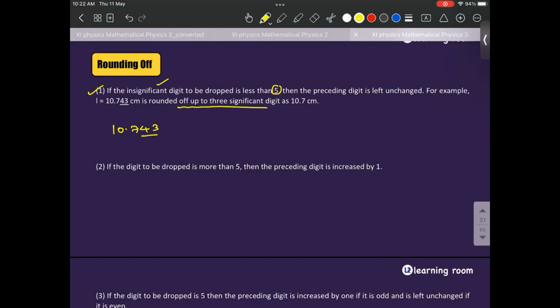You're going to drop 43. So look at the number. If you consider this to be the insignificant figure, then what is the number preceding to 4? It is 7. And the number you're trying to drop is less than 5. Hence, you will report this answer as 10.7. That is the meaning of the first statement.